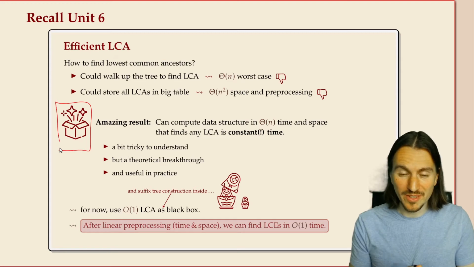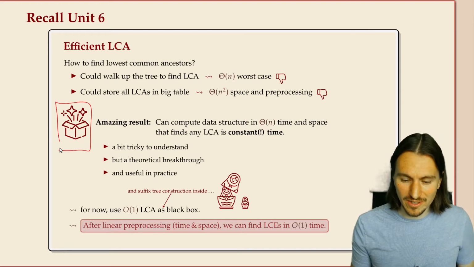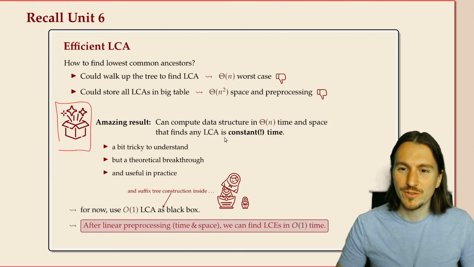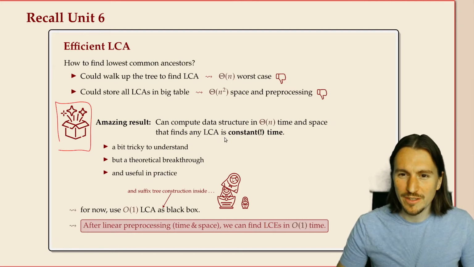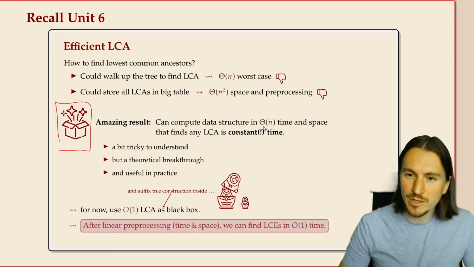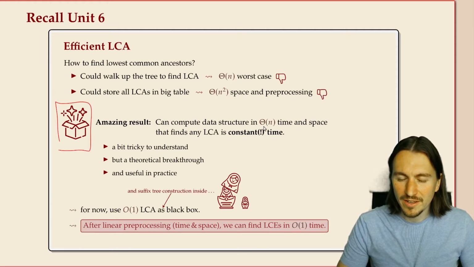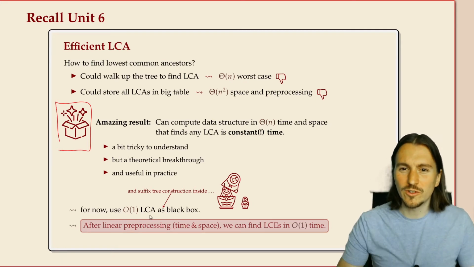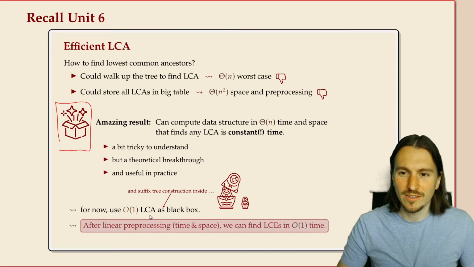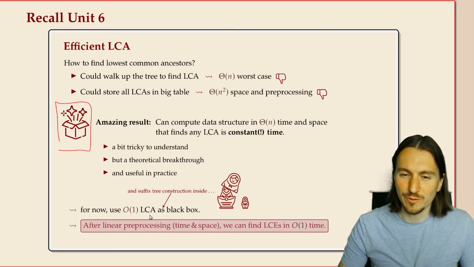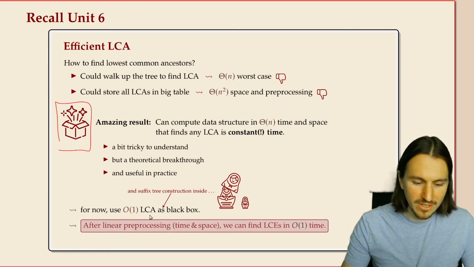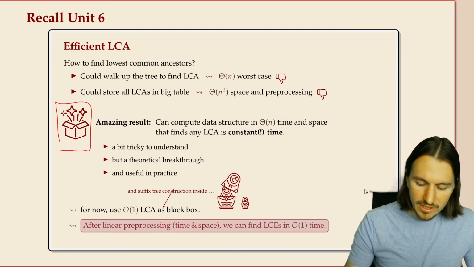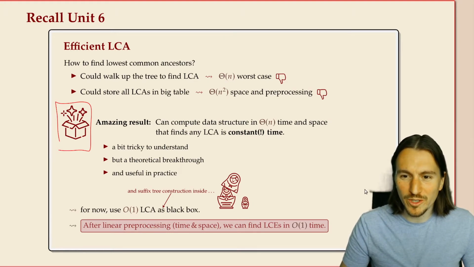At that point, I told you there is a magic black box for the LCA problem, finding lowest common ancestors in constant time with linear time preprocessing on the tree. And that can solve LCA and hence also LCE in an arbitrary string by using the suffix tree. Okay. So that is a reminder of what LCA and LCE was.